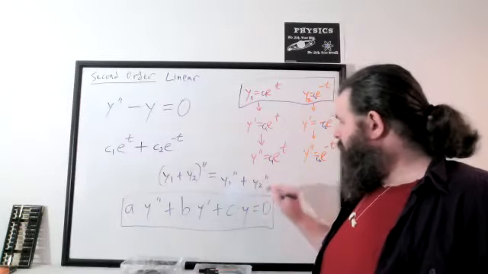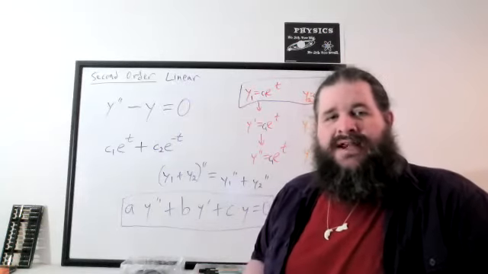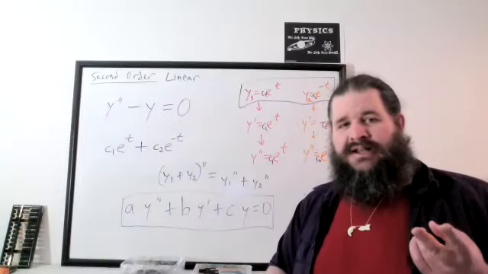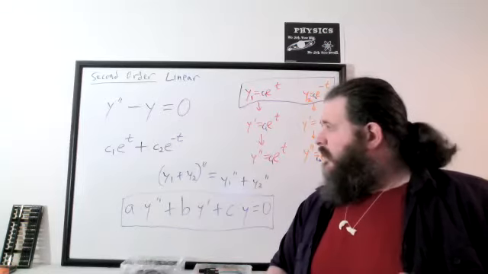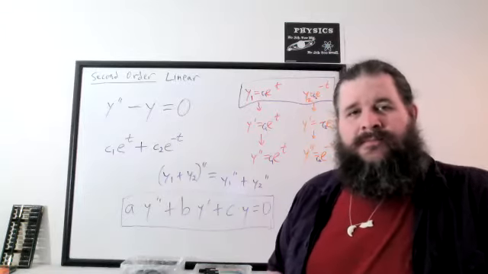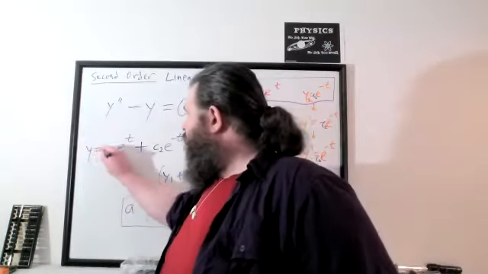We already know that y1 is going to cancel out y1 double prime, and y2 would cancel out y2 double prime. So you still end up with 0. So in general, if you have any number of individual solutions to a differential equation, as long as it is linear and homogeneous, then linear combinations of your solutions can be used to build more solutions. And this turns out in this case to be our general solution.